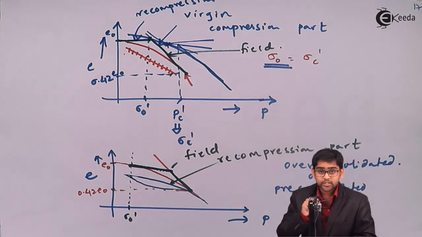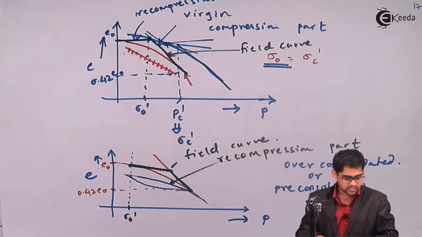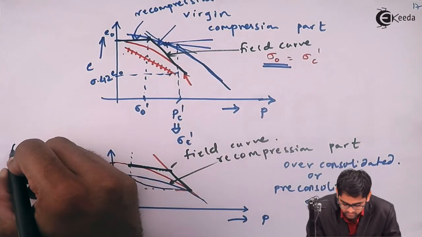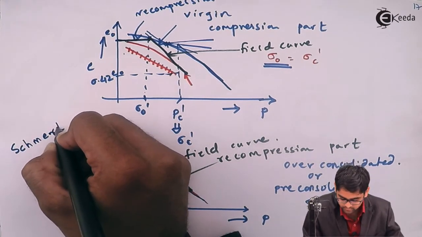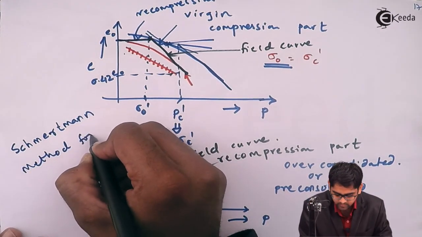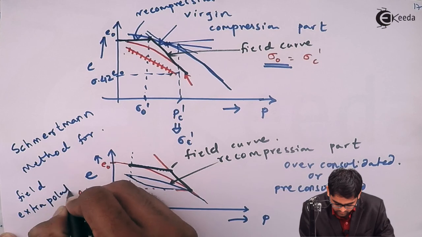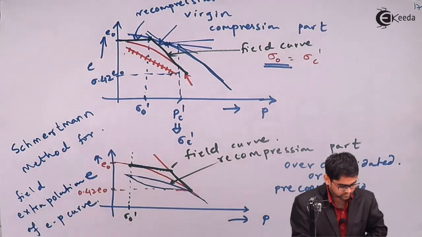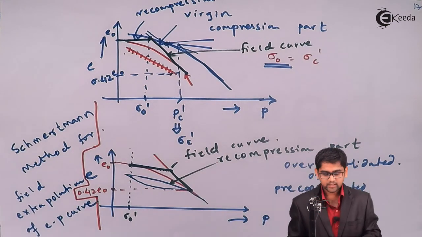The computation of settlement is done on the field curve, not on the lab curve. This method we call the Schmertmann method, and it is also known as the field extrapolation method.